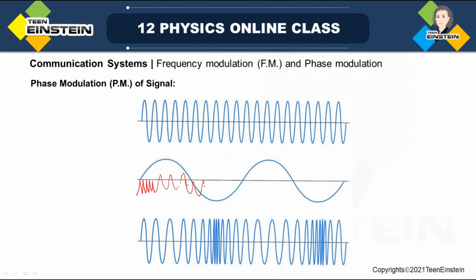Up to here you will have less frequency. Again frequency will be increasing, but amplitude remains the same. So you will have more frequency again at this place, then again frequency decreases like that. But when the phase angle becomes 2 pi, then frequency becomes again maximum.